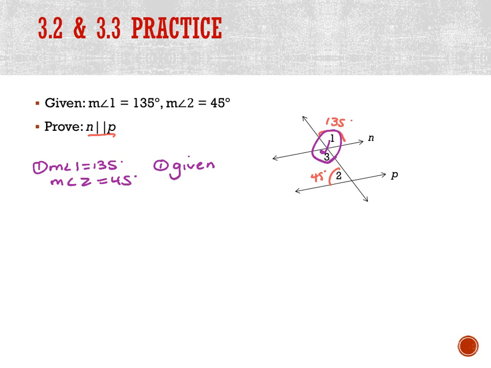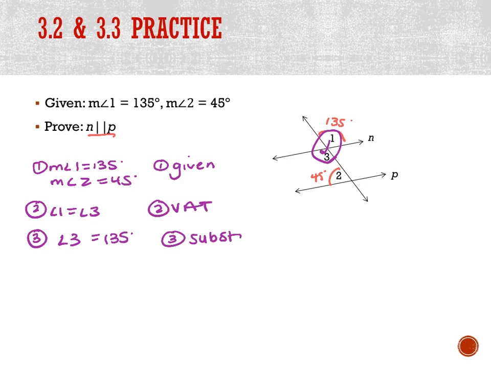And then these are vertical angles. So angle 1 equals angle 3, and that's the vertical angles theorem, which means angle 3 equals 135. That's substitution. And then if this is 135 and that's 45, I can say that angle 2 and angle 3 are supplementary, which is the definition of supplementary.